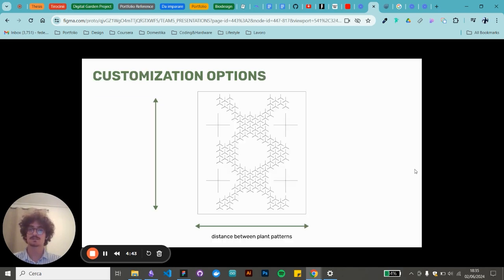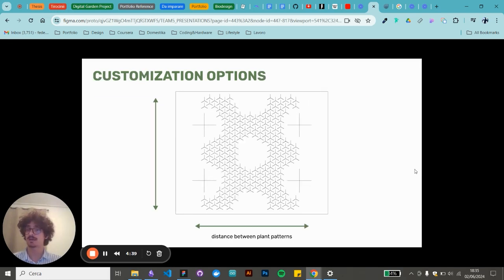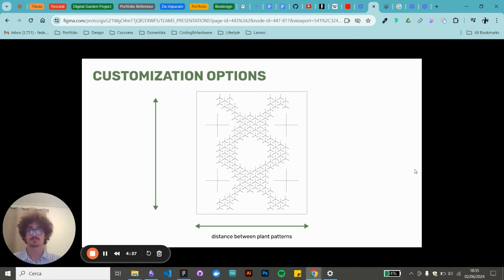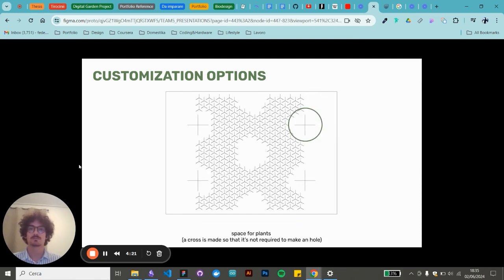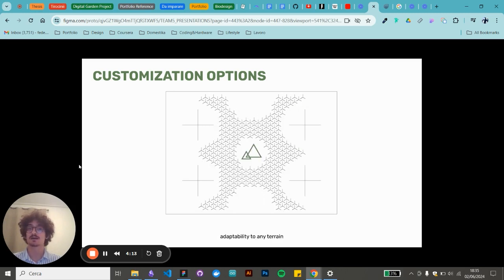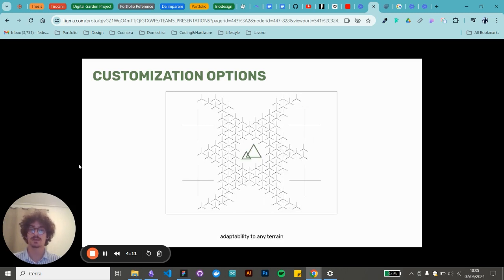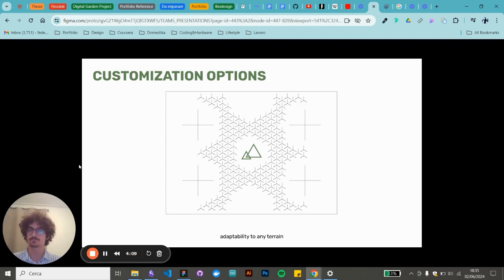Such parameters could be the space between the different plants, depending on the needs and the pattern that we're following. More space for the plant itself is possible, also without the need of making holes, and a variety of patterns can adapt to any terrain and inclination.